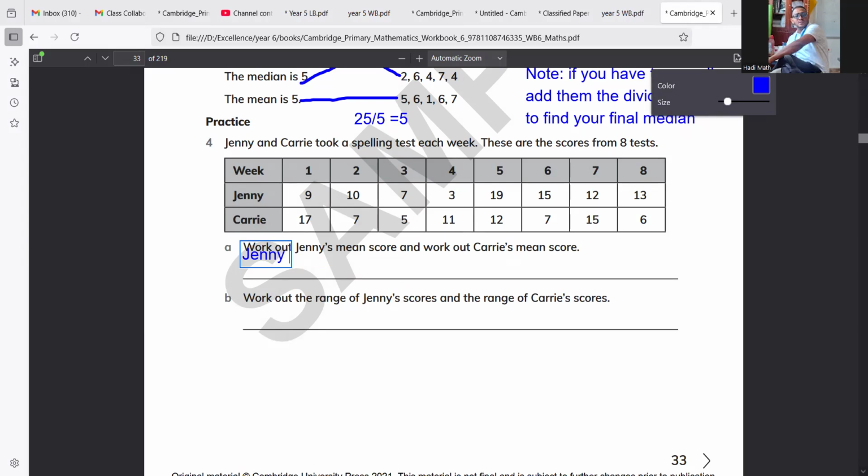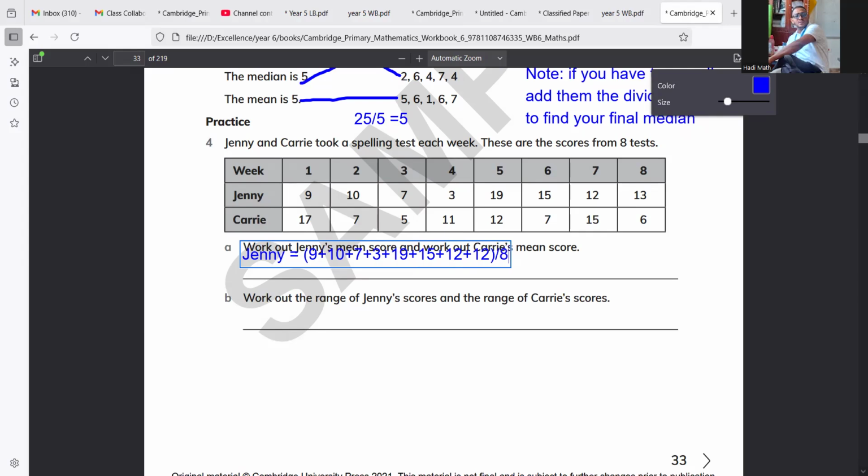Jenny's mean is equal to the sum of all data. Go and add them: 9 plus 10 plus 7 plus 3 plus 19 plus 15 plus 12 plus 13. Then divide by what? Count them. They are 8.